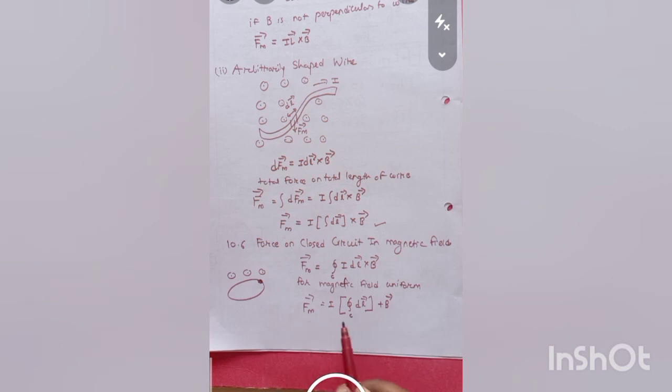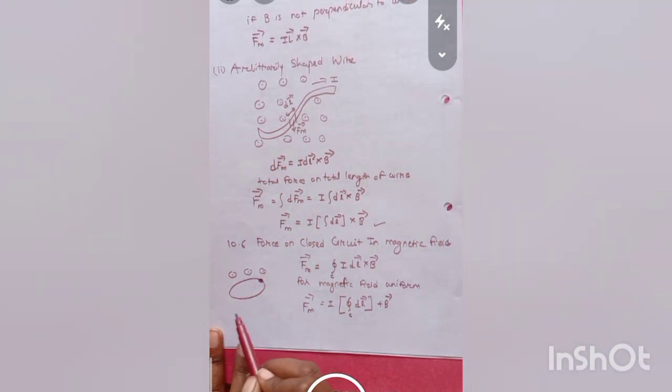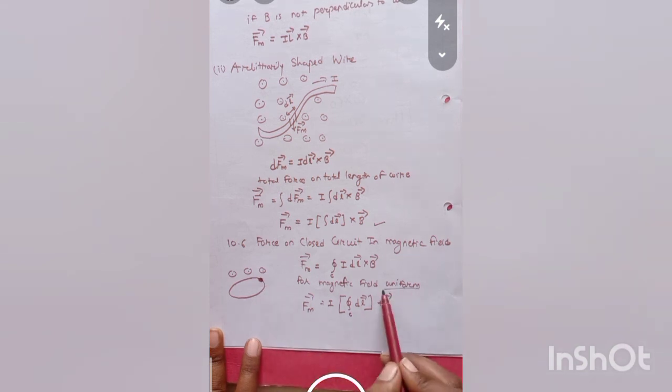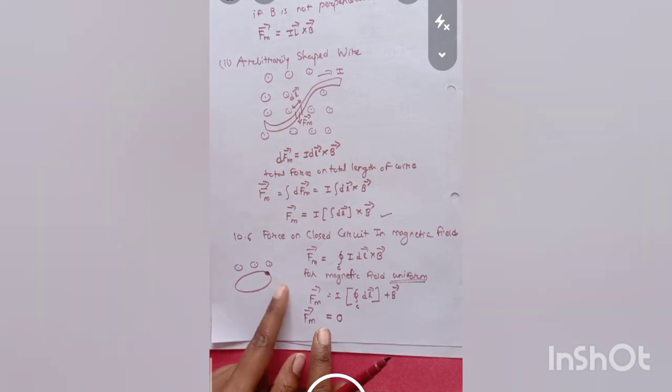So this bracket is the sum of vectors along the closed circuit. So if I calculate all this, it must be equal to 0 because our magnetic field is uniform. That's why this will become 0. So you will have magnetic force 0 when the circuit is closed and the magnetic field is uniform.